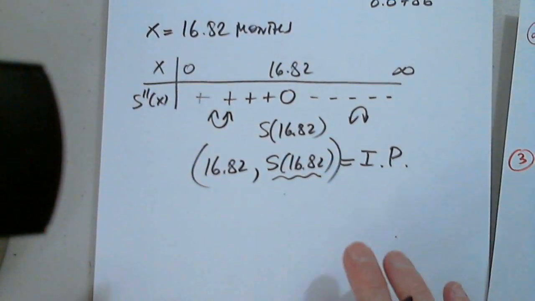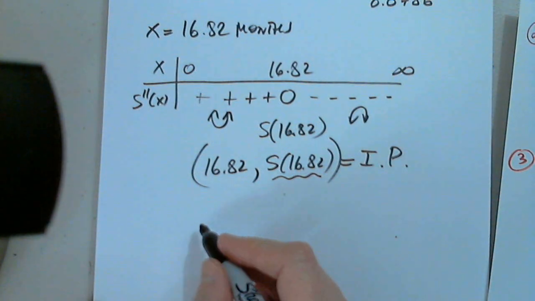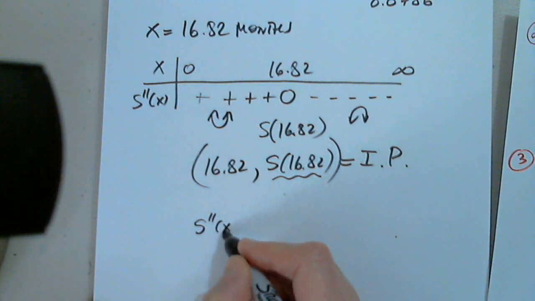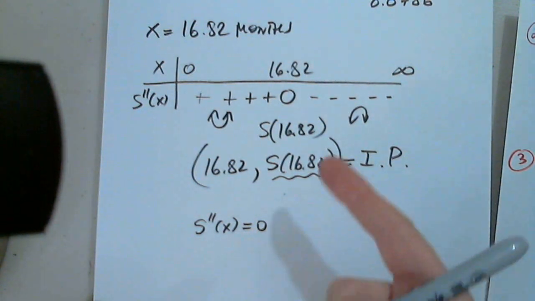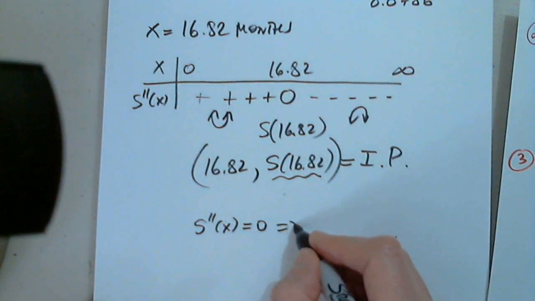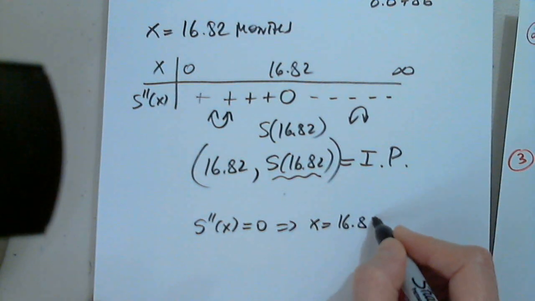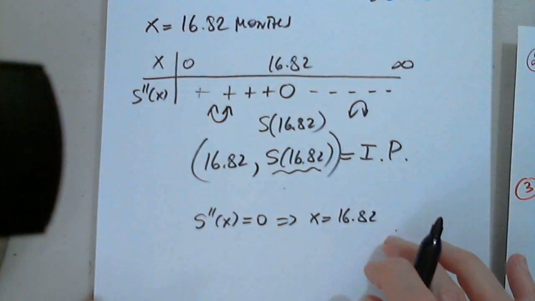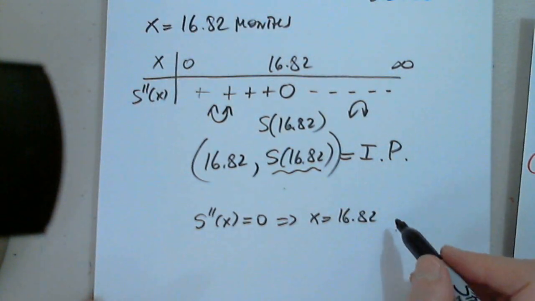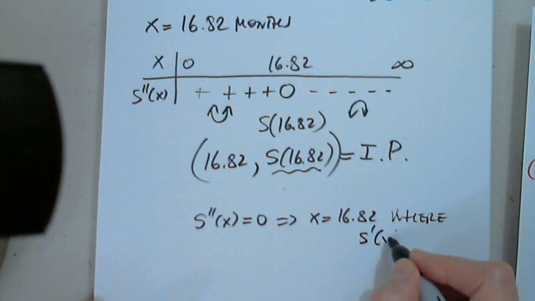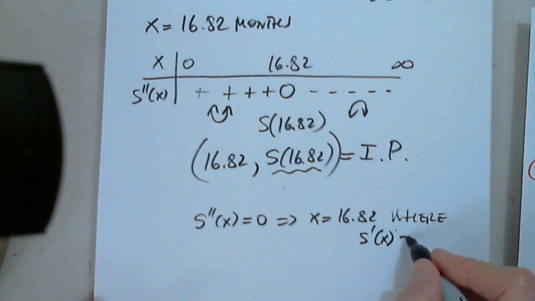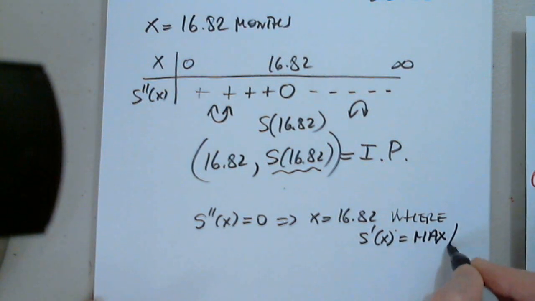So notice one thing, a quick question here, and I'll stop. When we set the second derivative equal to 0, 16.82 is what we obtained, x equals 16.82. But this is basically where S prime of x is either a max or a min.